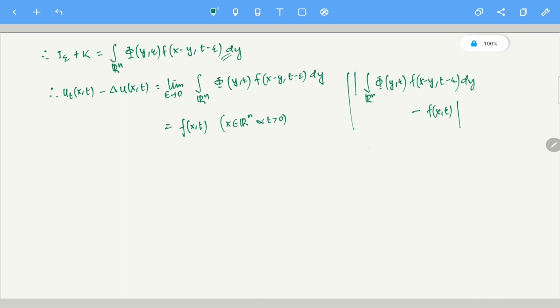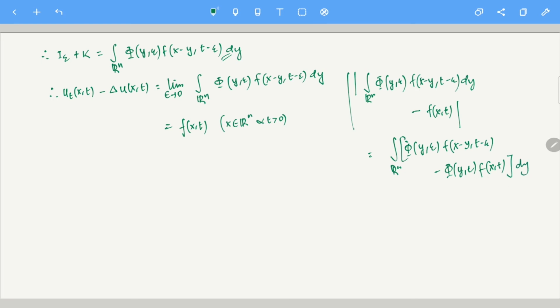You can write it as the integral over Rn of phi of y epsilon times f of x minus y, t minus epsilon minus phi of y epsilon times f of x,t, dy. Why can I write it?